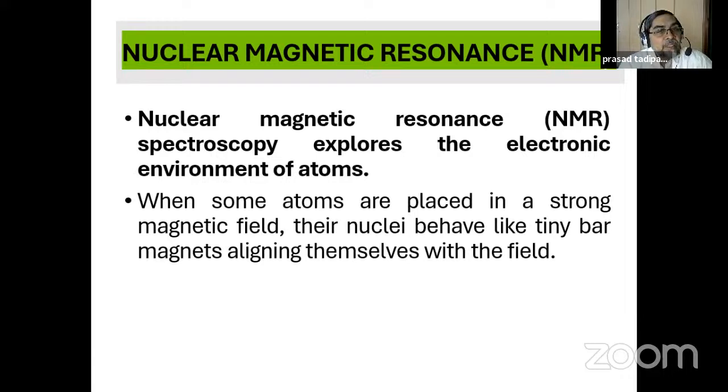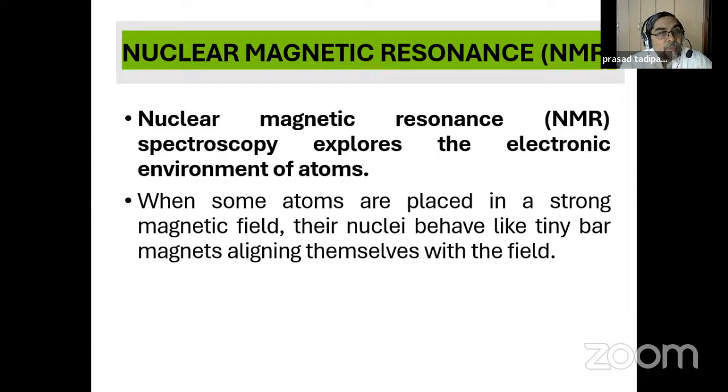So nuclear is dropped and it is called magnetic resonance imaging. With that, we are getting many clear and vivid images of our different tissues and the brain, how it functions. That type of application we are getting from nuclear magnetic resonance.